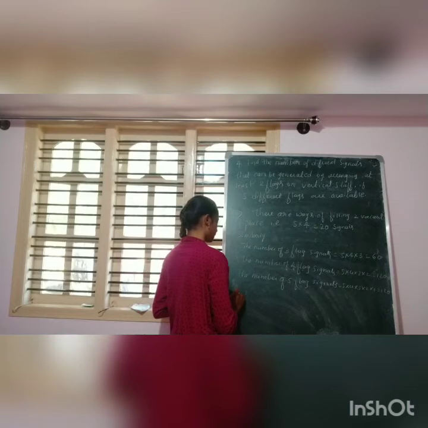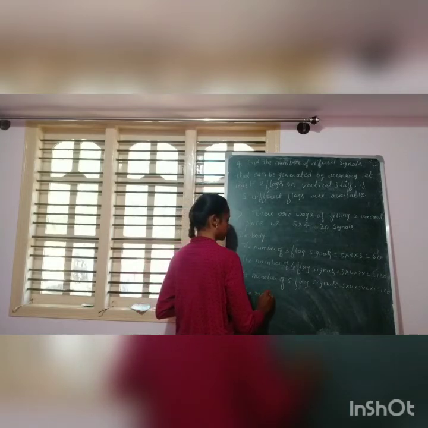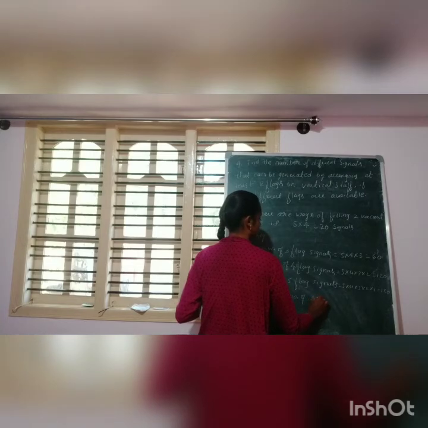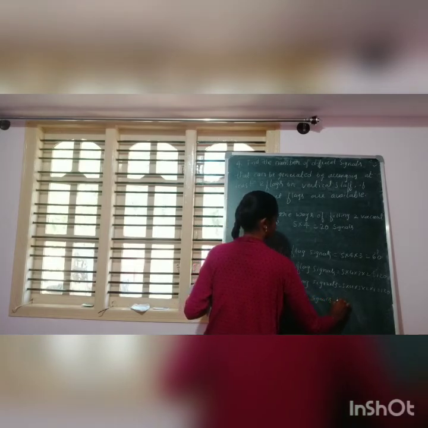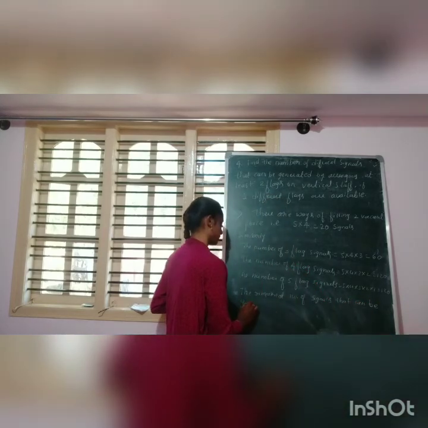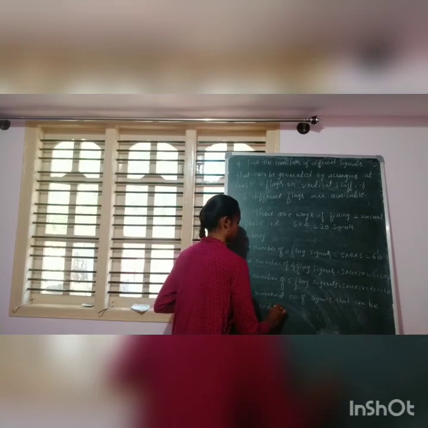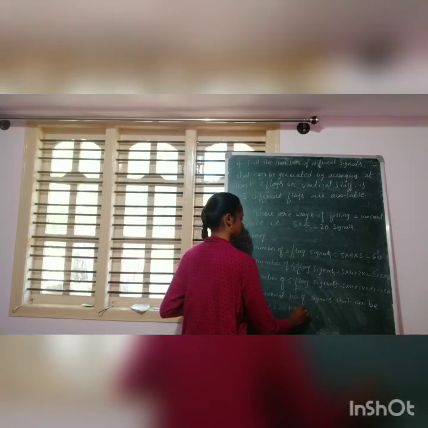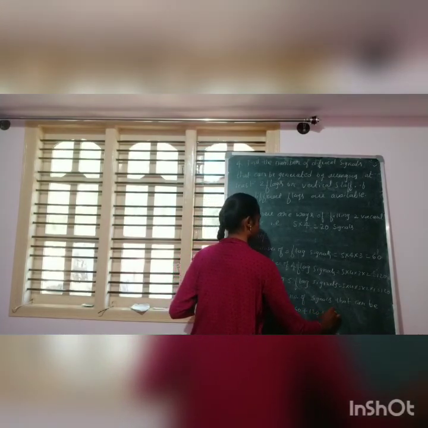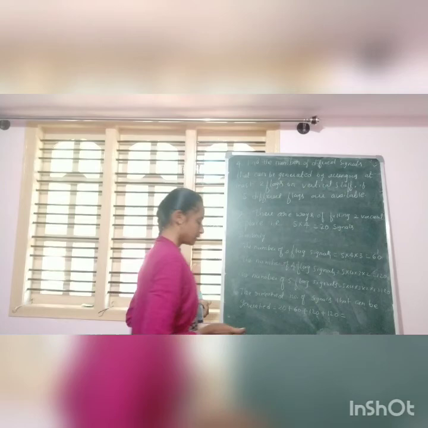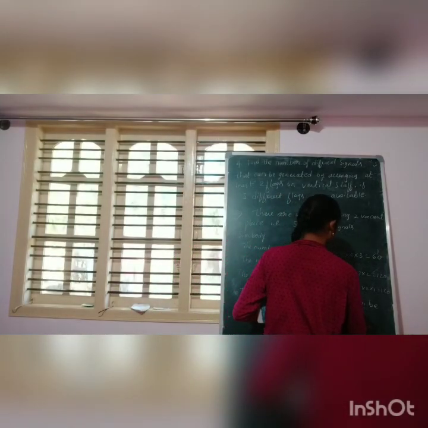Therefore, the required number of signals that can be generated is equal to, you need to add all the 4 cases, that is 20 signals plus 60 plus 120 plus 120. 120 plus 120 is 240. 240 plus 60 is 300, plus 20 is 320.